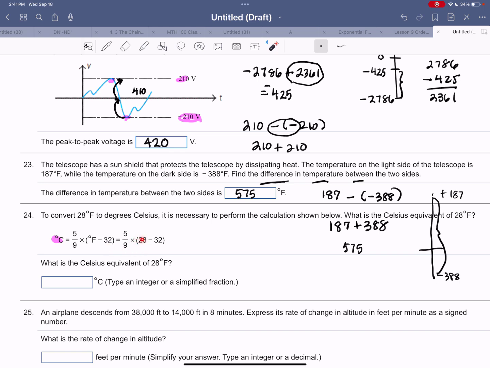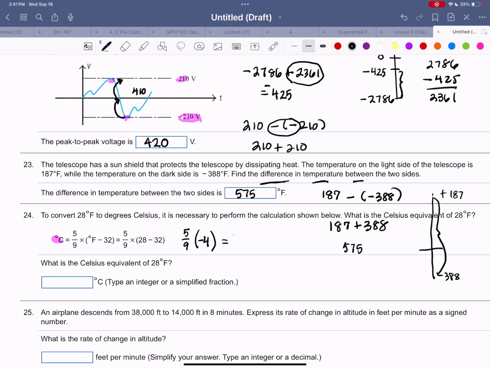Well, for us, they gave us 28. We put the 28 in there, and so what we have to do is 5/9 times 28 minus 32.